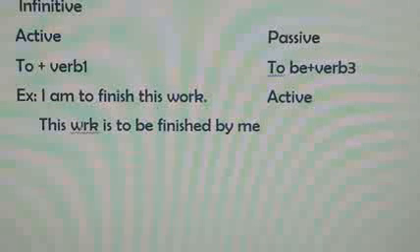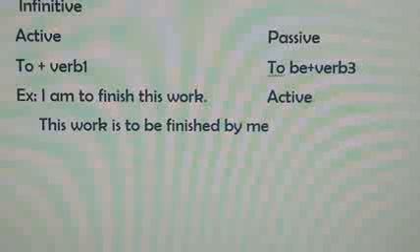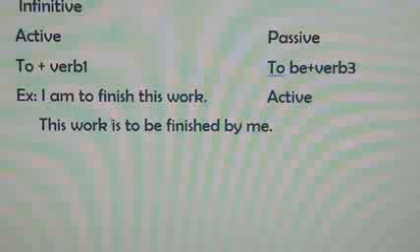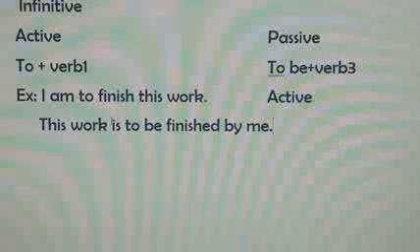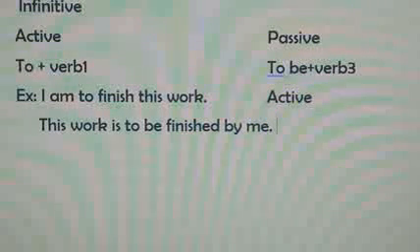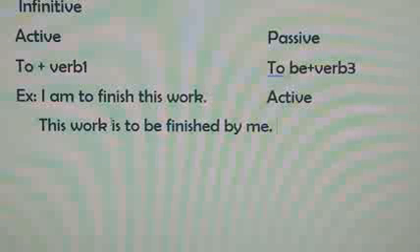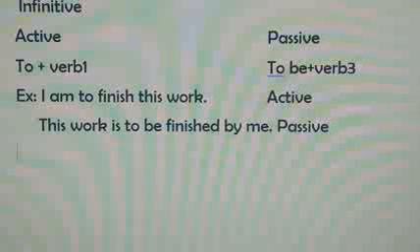This will be the passive form for this active example. Over here, according to the subject and object and the tense, the helping verb "is" is used, and as we already know, the third form of verb is applied when we convert into passive.